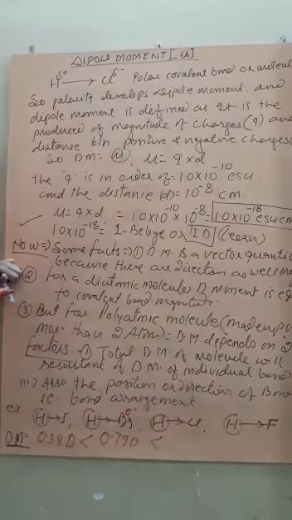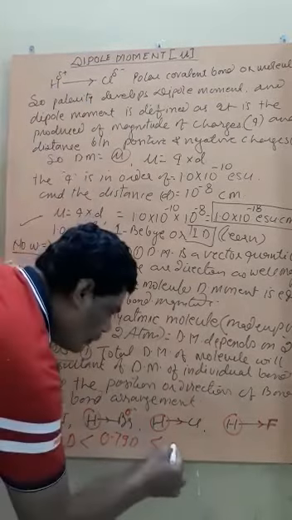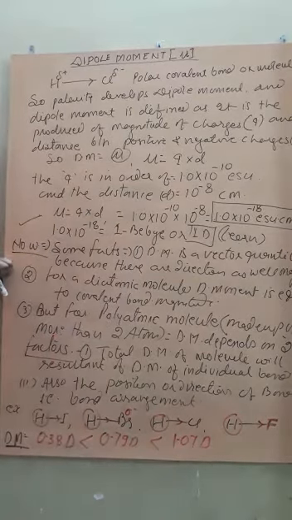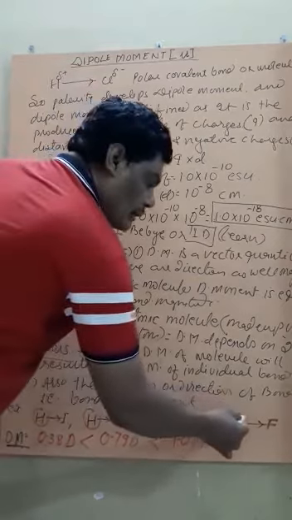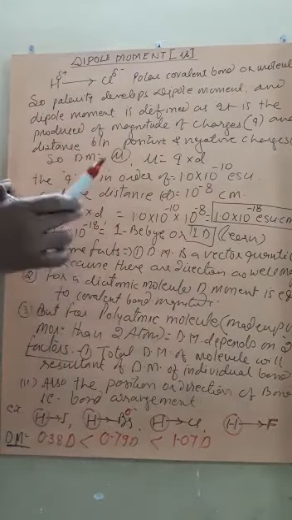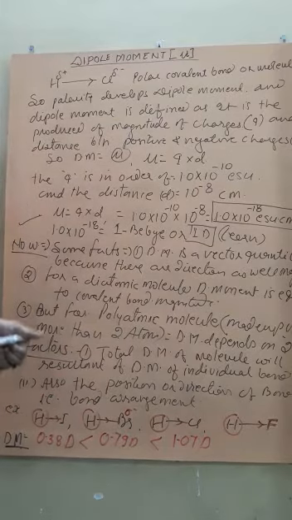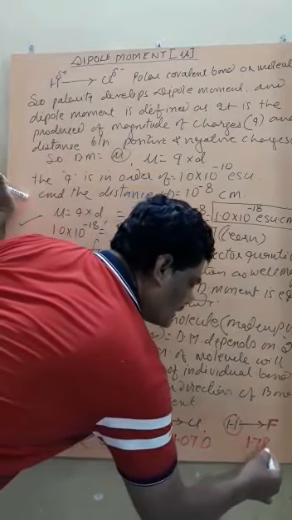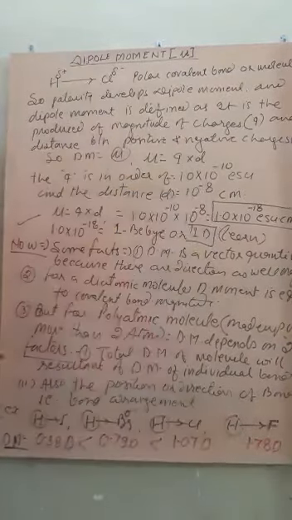Therefore its dipole moment will be even more, 1.07 D. And HF is the most polar molecule. Therefore the polarity is very high, the dipole moment is also very high and becomes 1.78 D. Are you getting?